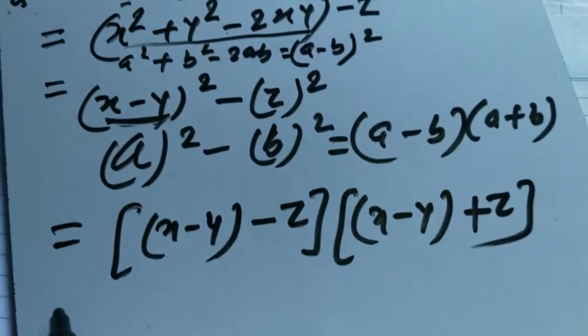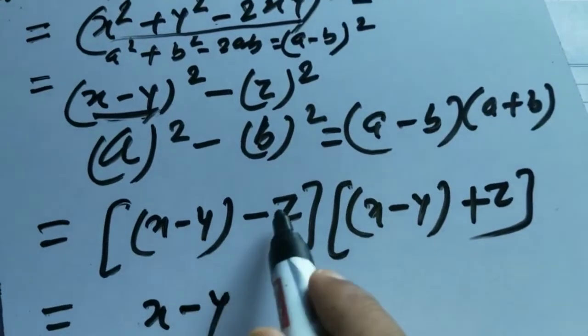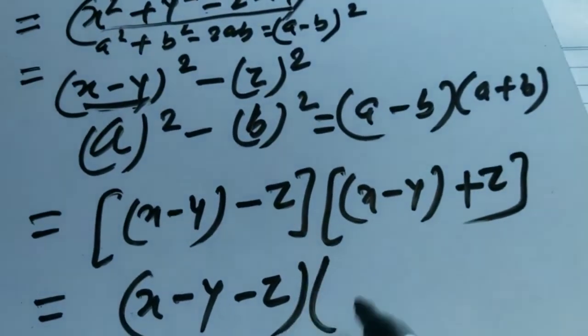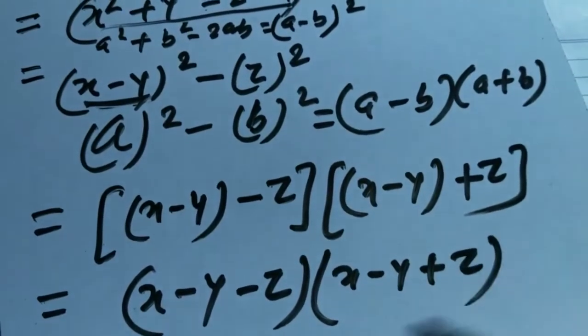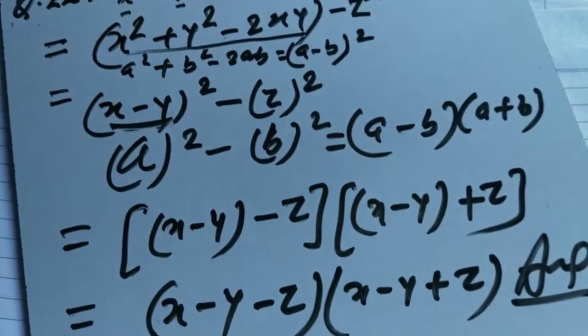Now remove the big bracket: x minus y minus z is here, and into x minus y plus z. This is your final answer.